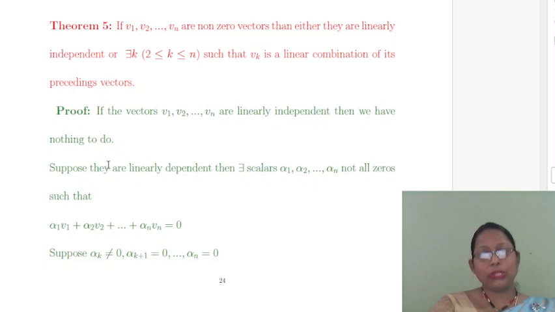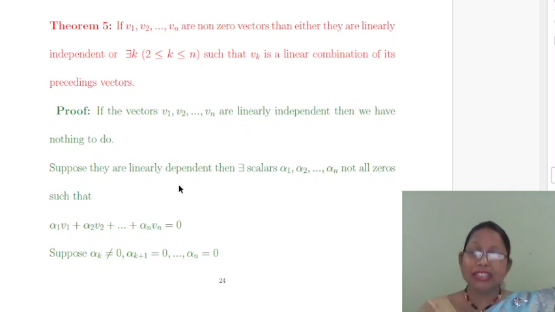So suppose the given vectors are linearly dependent. Then there exist scalars alpha 1, alpha 2 up to alpha n, not all 0, such that their linear combination is 0. That is alpha 1 b1 plus alpha 2 b2 plus dot dot dot plus alpha n bn is equal to 0.